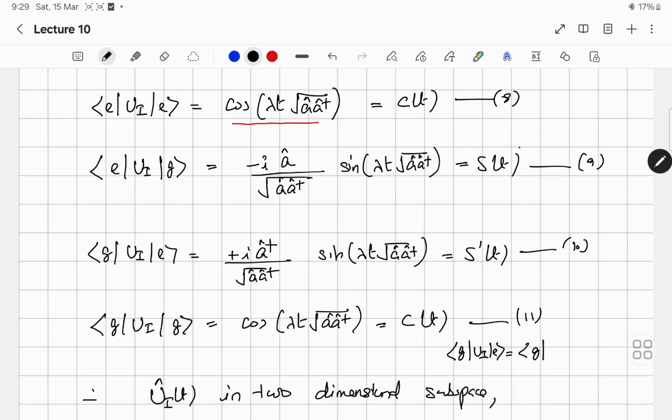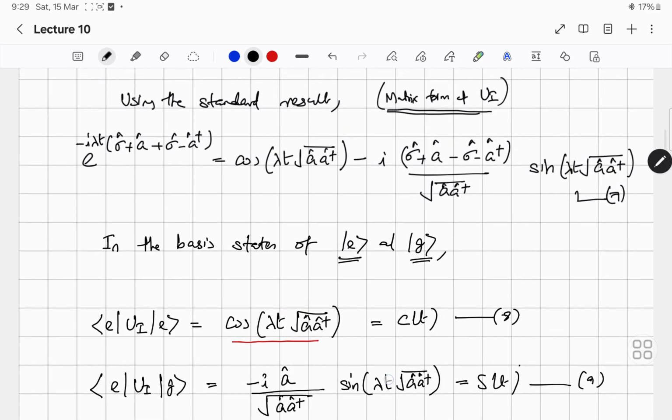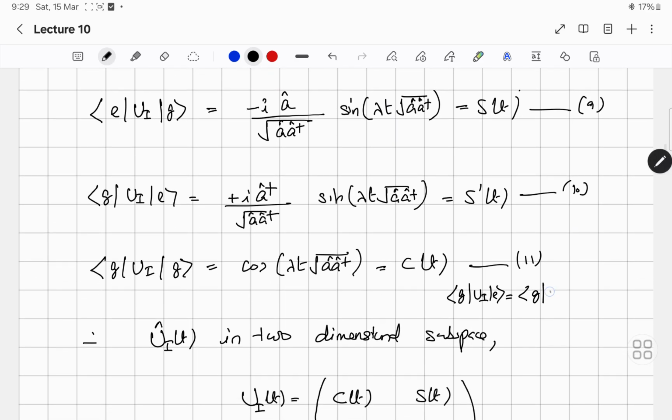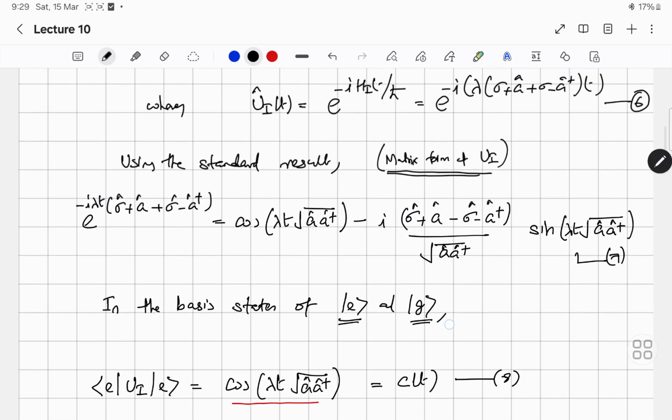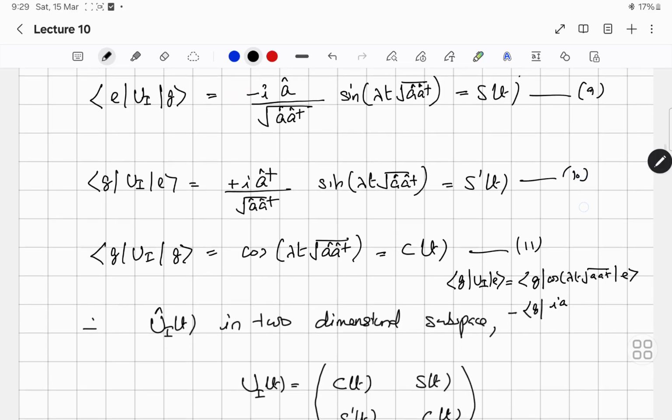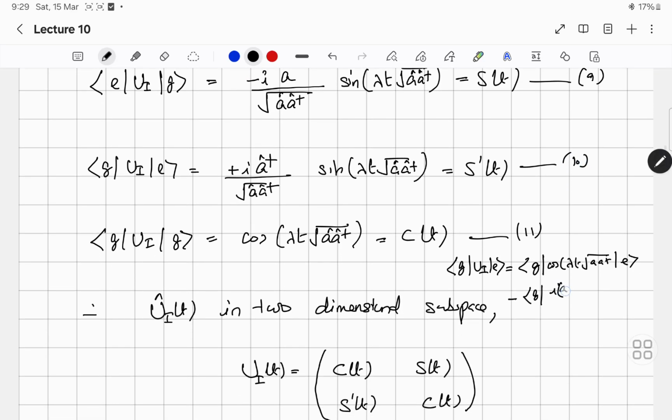One is <g| cos of lambda t square root of a dagger a |e> minus <g| i sigma plus a minus sigma minus a dagger divided by square root of a dagger a |e>.